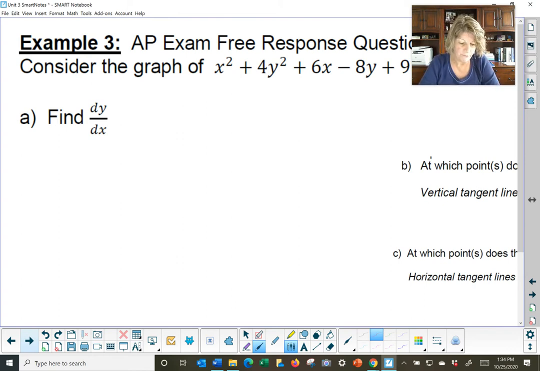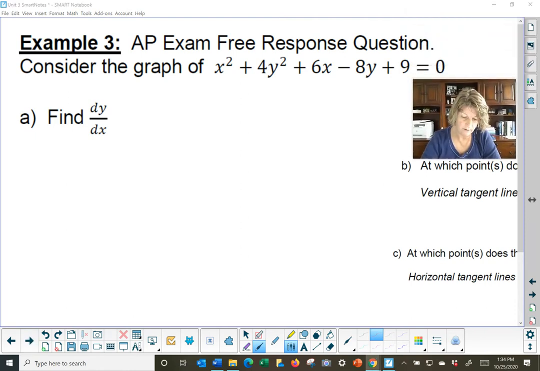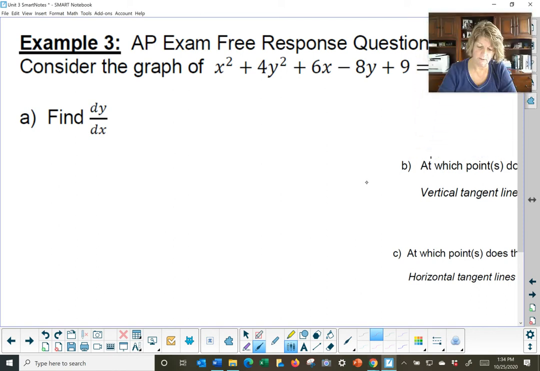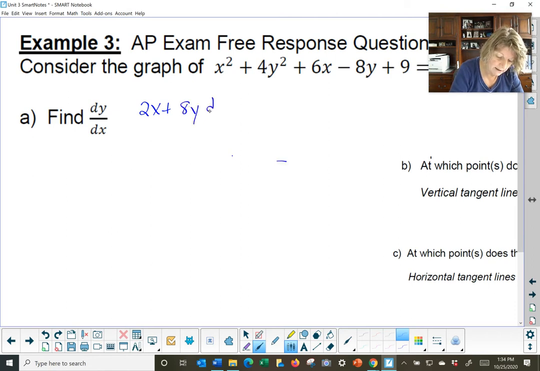AP exam free response question. Consider the graph of, and then find dy/dx. Okay, so it's going to be an implicit, and then there's multiple questions following that. Well, let's get the first derivative. So piece by piece, 2x plus, not 4, but 4 times 2, 8y dy/dx.